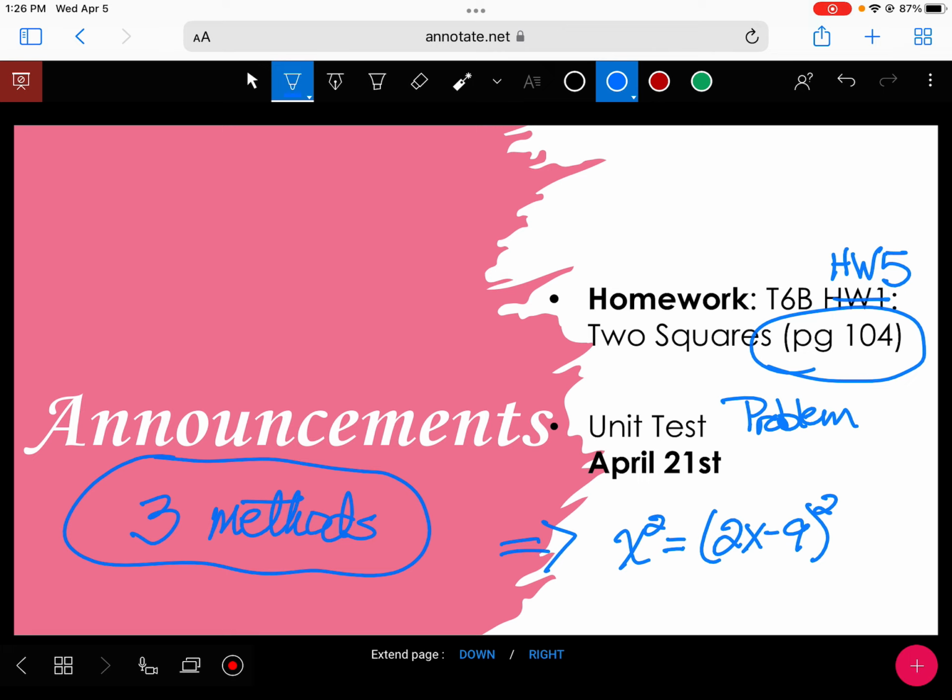That is one way. Now you have to think, if this is a quadratic, there's going to be a second answer. So when you take the square root, it is the positive and the negative. So x is equal to this as the positive, and x is going to be equal to this as the negative of that whole thing. Okay, so when you take a square root, usually the square root means we only take the positive.